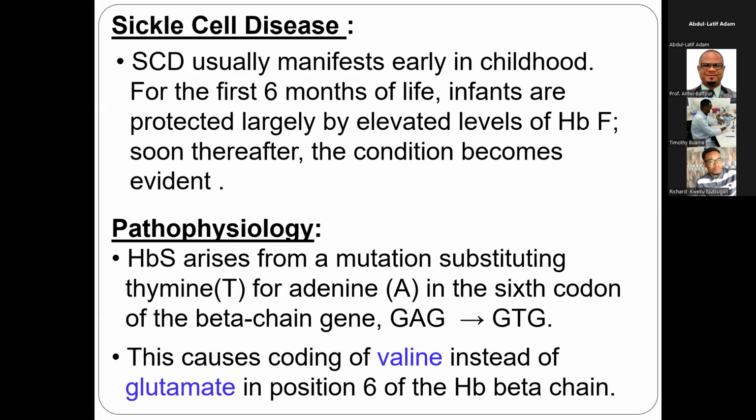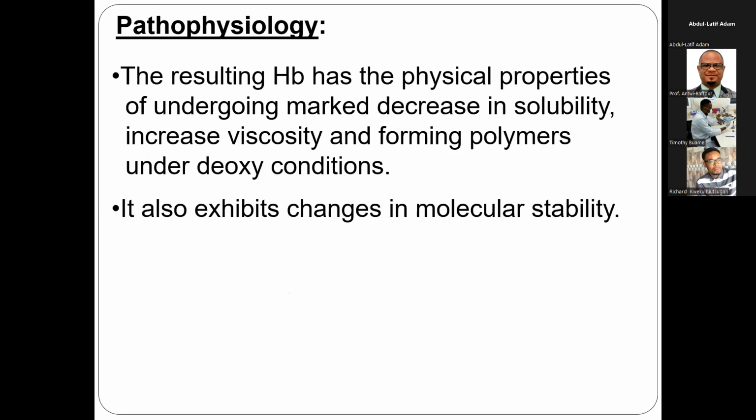For that reason, the beta chain becomes abnormal and forms tactoids, crystallized hemoglobin under low oxygen tension, leading to sickle cell formation. The resulting hemoglobin therefore has physical properties of marked decrease in solubility and increased viscosity.